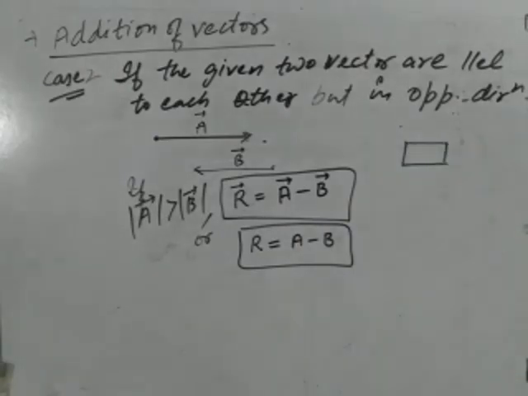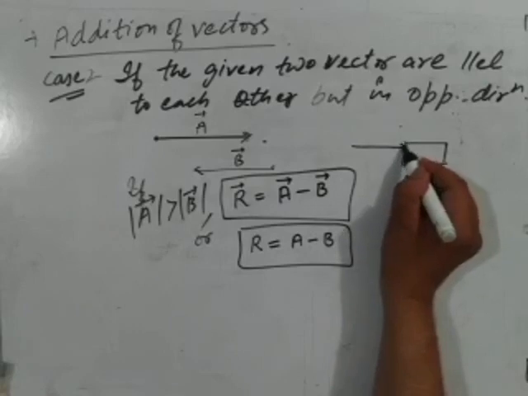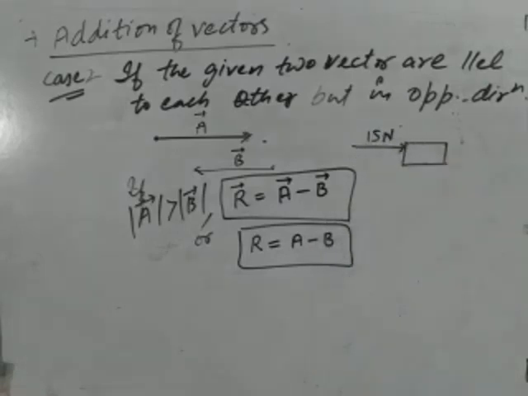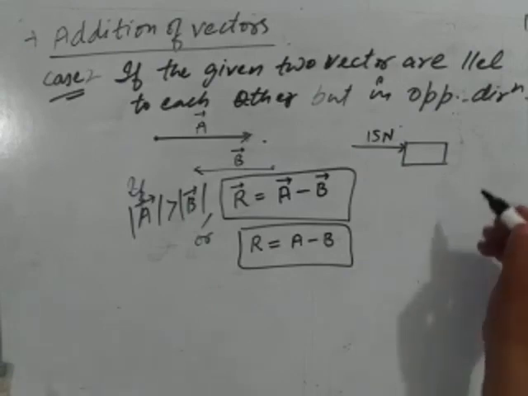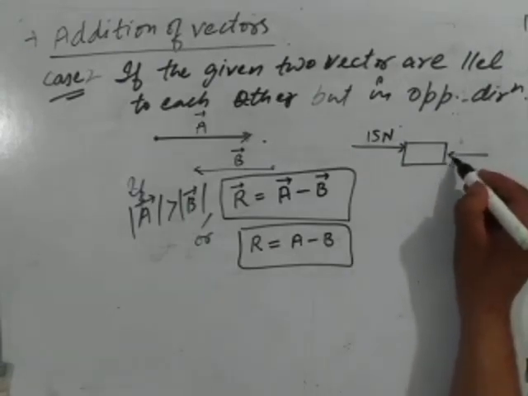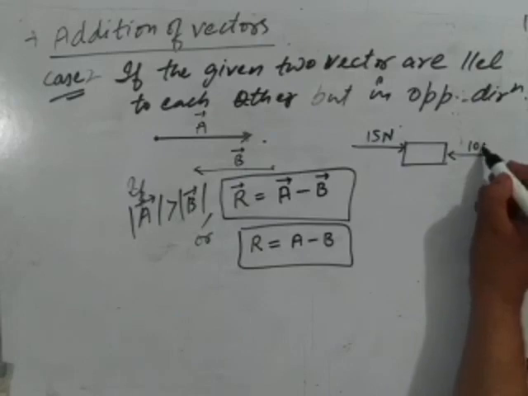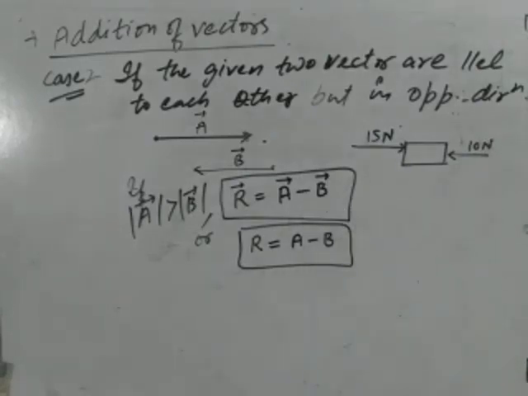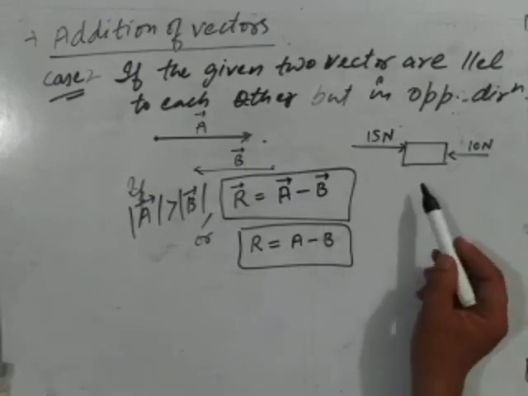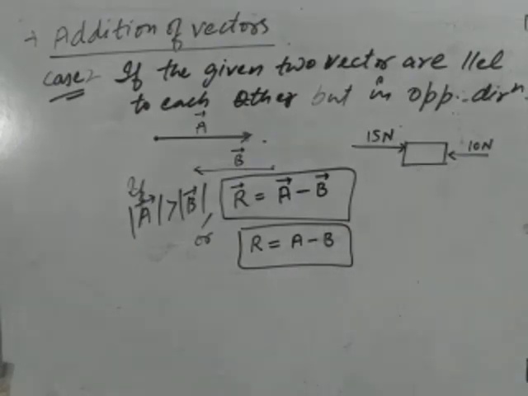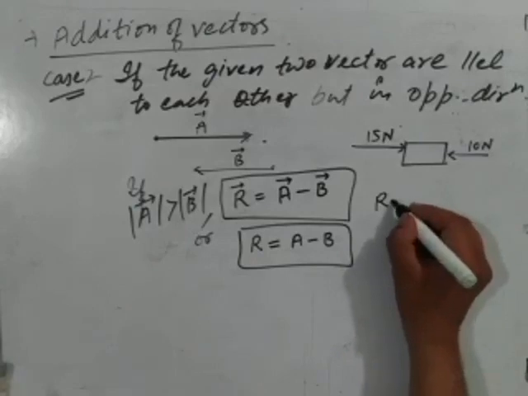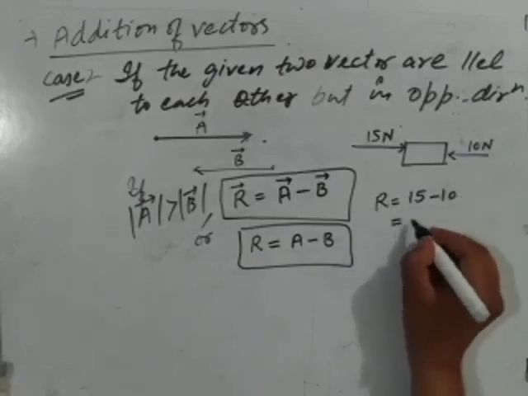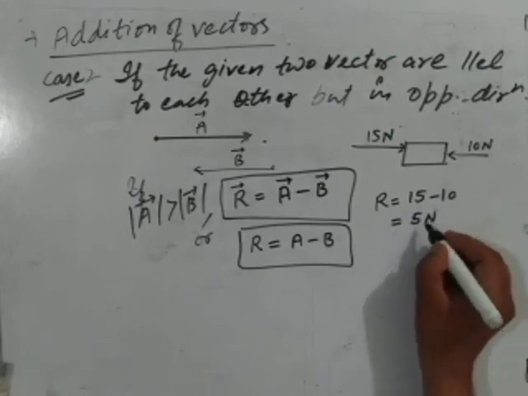If this is an object, a force of 15 Newton is acting from left to right, another force of say 10 Newton is acting from right to left. So the resultant of these two forces acting on this object will be 15 minus 10, that is equivalent to 5 Newton.